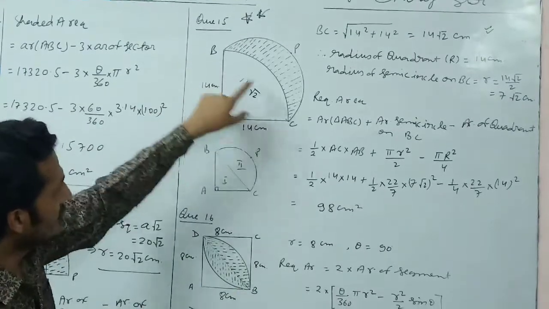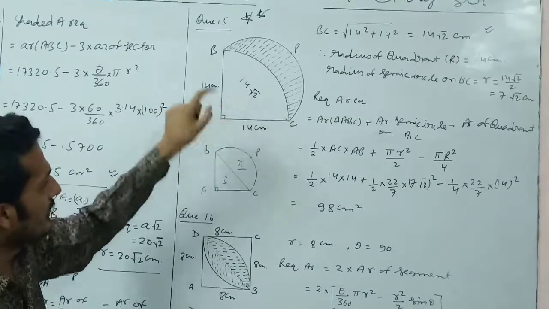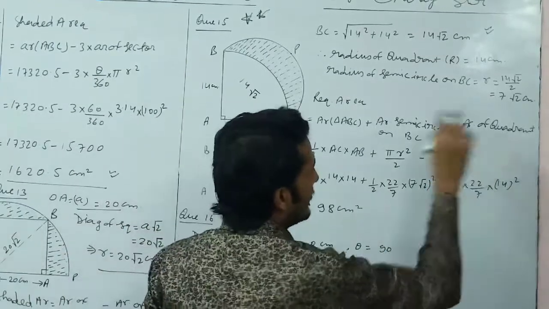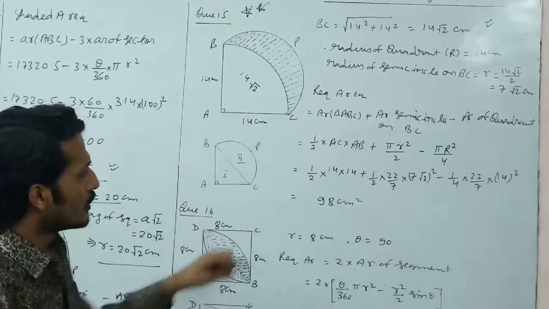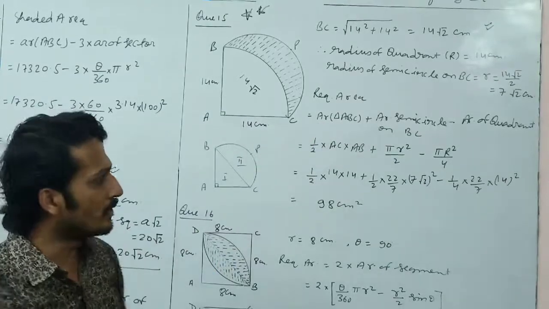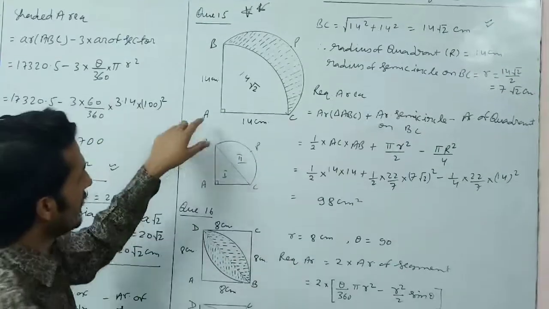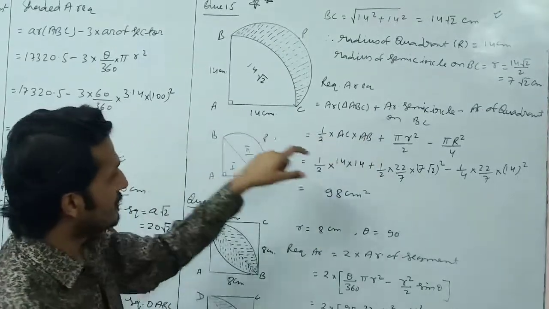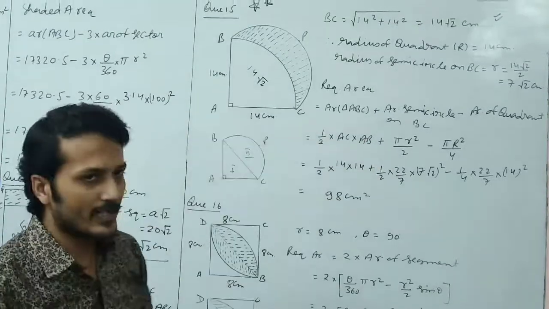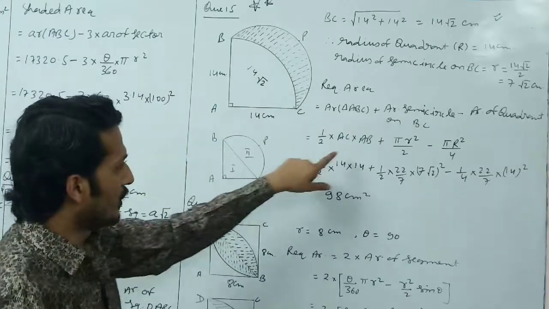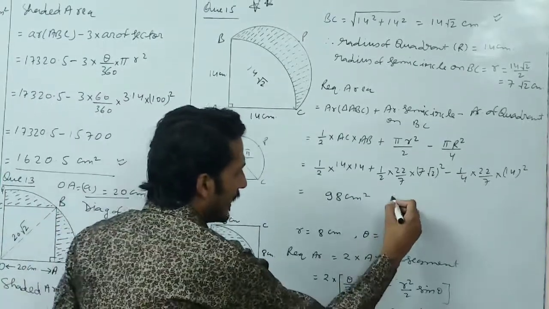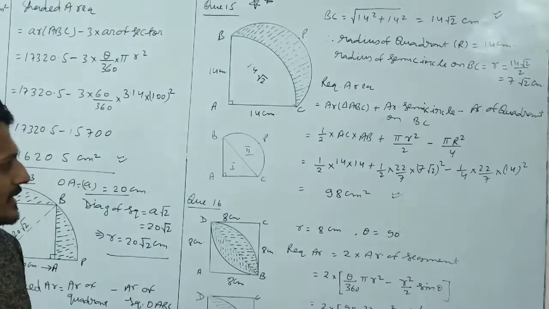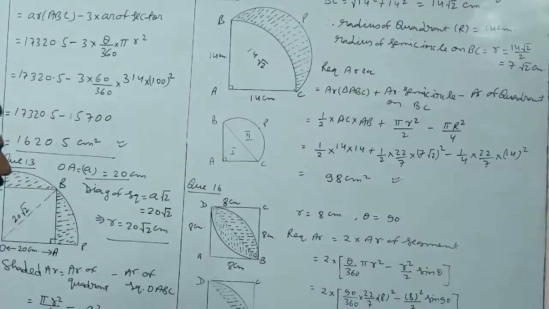And from that we have to subtract the quadrant, that is minus area of quadrant. So we get the idea of how we can find out the area. Now area of ABC will be 1/2 AC into AB, and area of semicircle is pi r square upon 2, and area of quadrant is pi r square upon 4. Now put the respective values, then we get required area is 98 centimeter square.